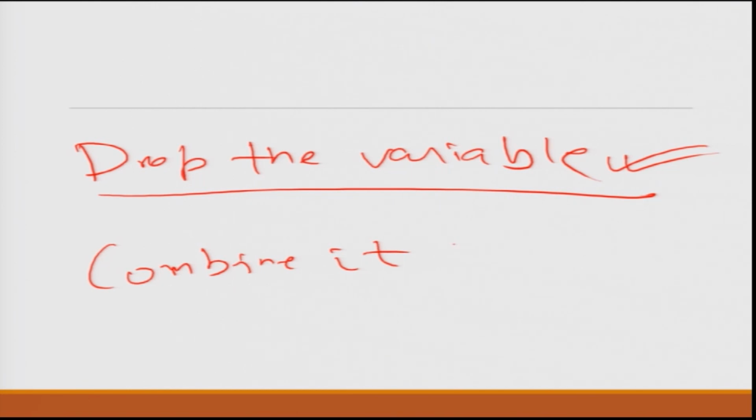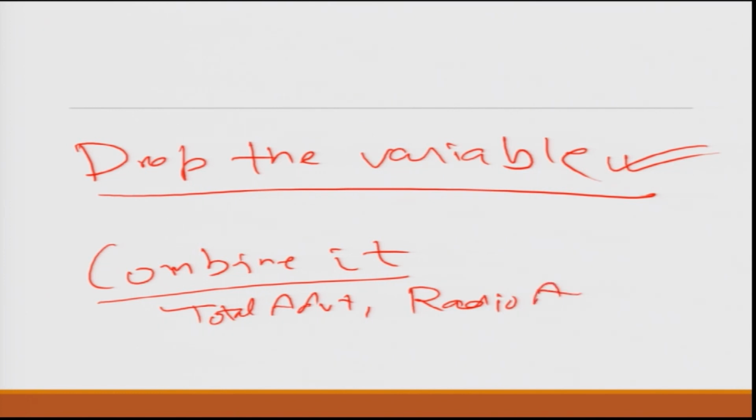If you recall, in our case we had total advertisement, we had radio advertisement, we had TV advertisement. If you combine these together, these are primarily represented by total advertisement.